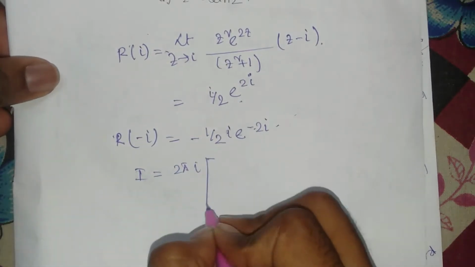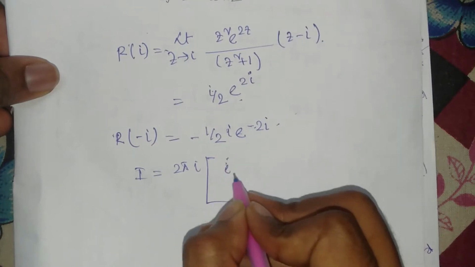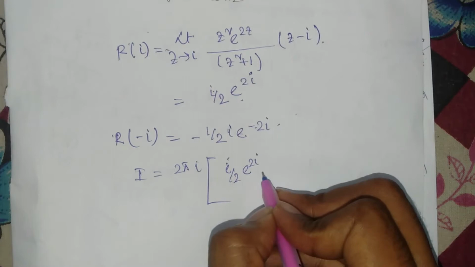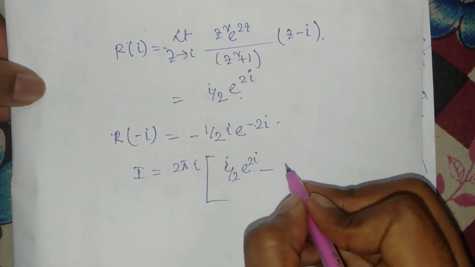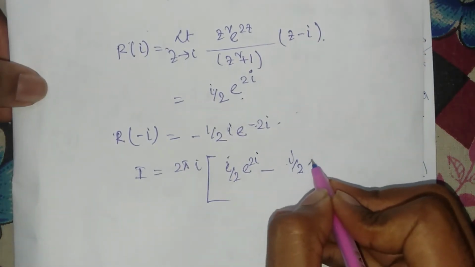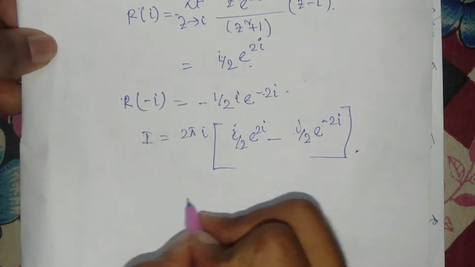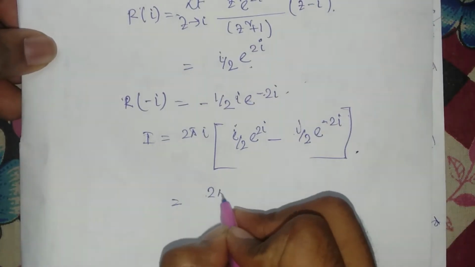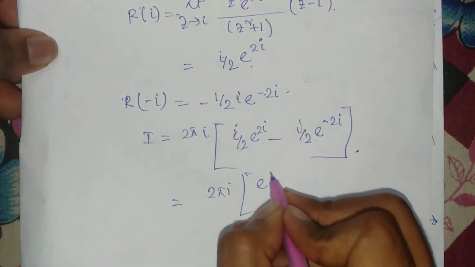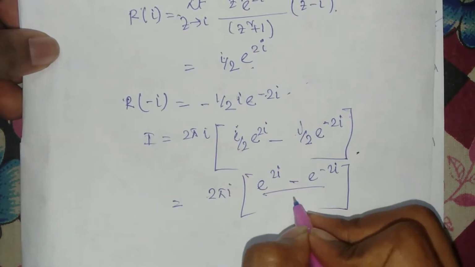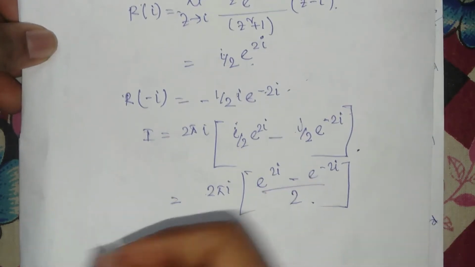So 2 pi i into i by 2 e to the power 2i minus i by 2 e to the power minus 2i. If we solve this, we get 2 pi i times (e to the power 2i minus e to the power minus 2i) whole divided by 2.